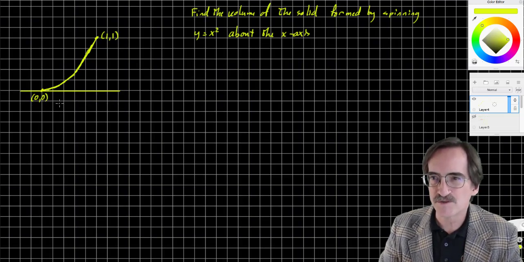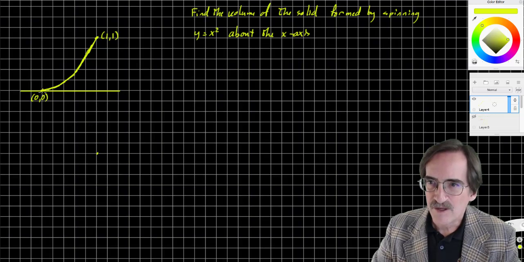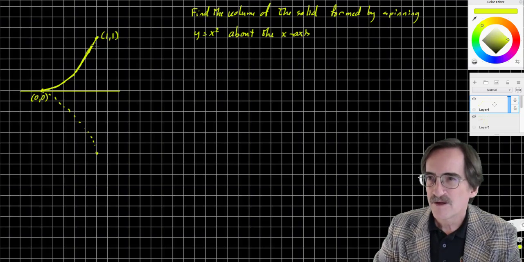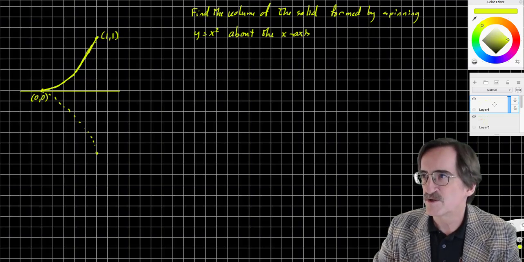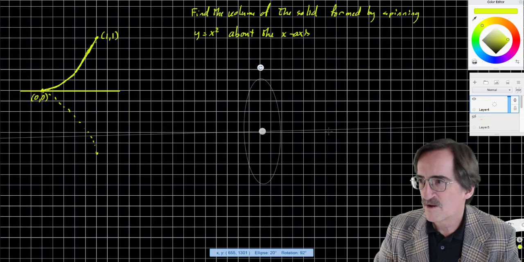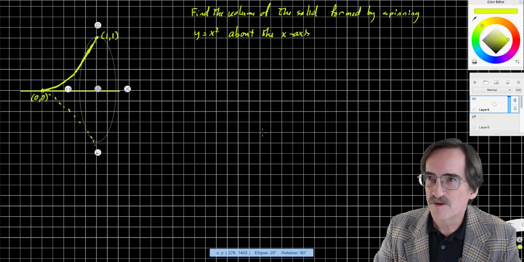Okay, what solid would you see? Well, you would definitely see it down here, right? And it would follow this general shape. And it would, in rotating, create horizontal circles. In fact, why don't I use my drawing tools here? We'd end up with a circle of rotation like this.